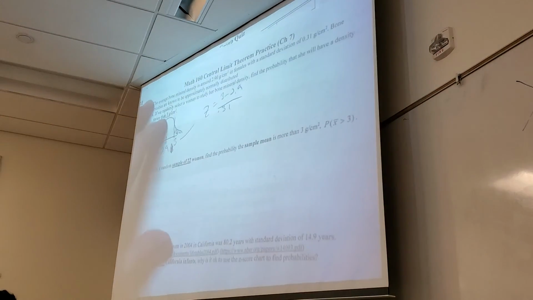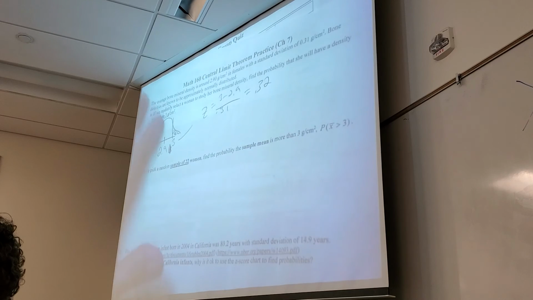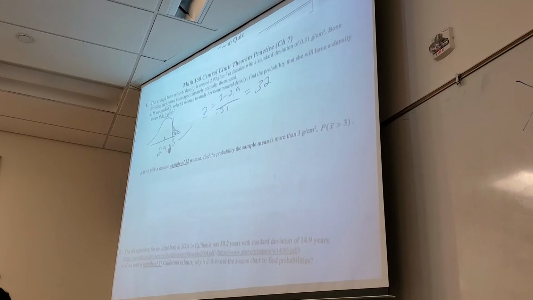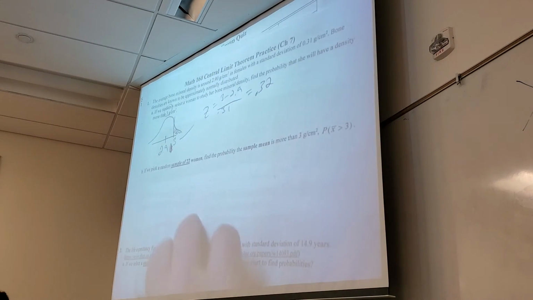It's like 0.32. Is it? 0.32? Yes. All right, earning my keep. Got to show you I know some stuff. And then you look that up, and that's not going to be the answer because you want greater than, right?